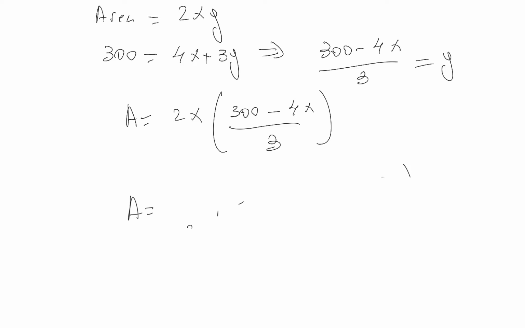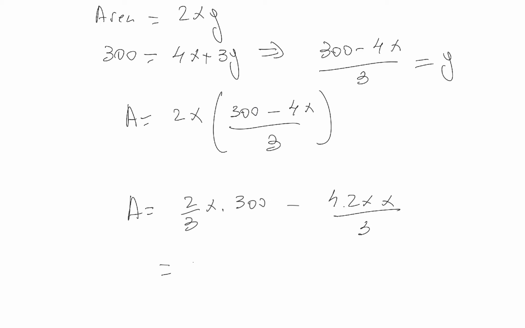It's too late, I'm tired. I'm not fast. Okay, it will be 2/3 x multiplied by 300 minus 4 multiplied by 2x multiplied by x, divided by 3.